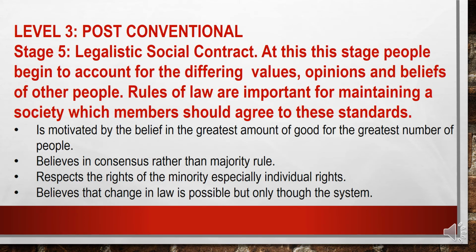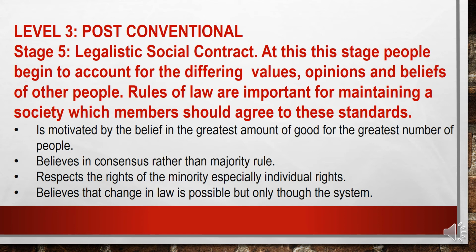Now let us have level 3, which is the post-conventional level. So let's have stage 5. It's the legalistic social contract. At this stage, people begin to account for the differing values, opinions, and beliefs of other people. Rules of law are important for maintaining a society, and members should agree to these standards.